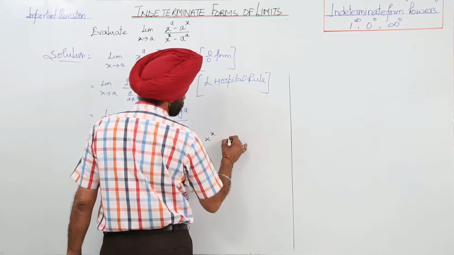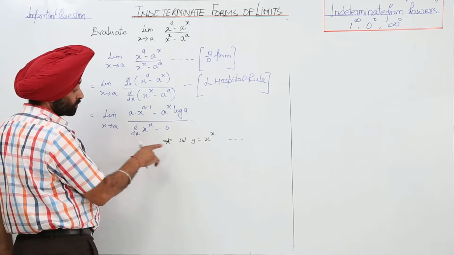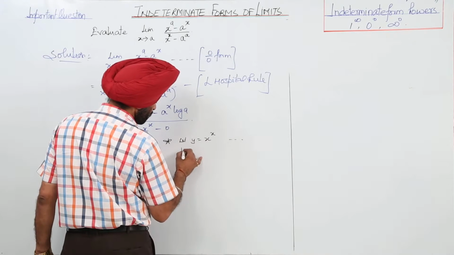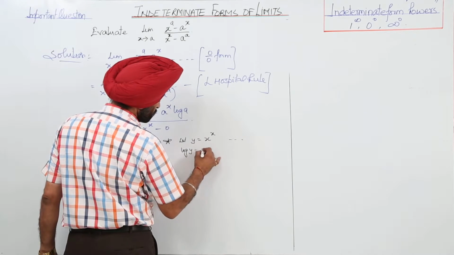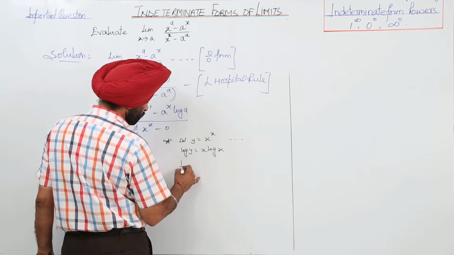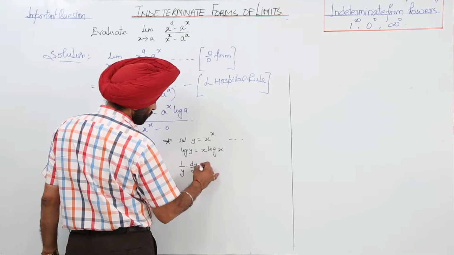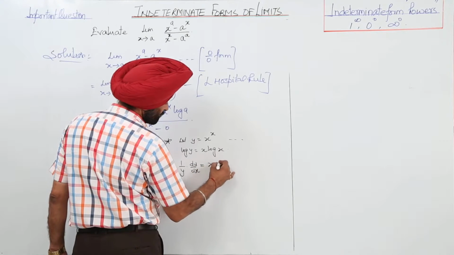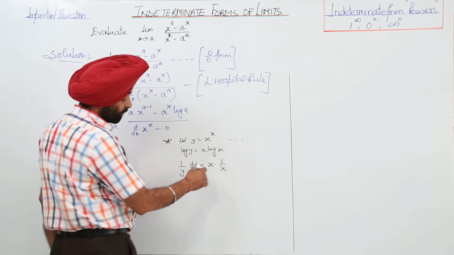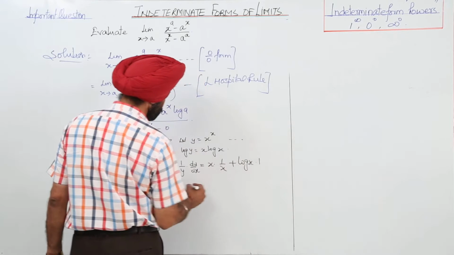So basically when it is x approaches a, now for this part we will be taking, log y is equal to x log x, then 1 upon y with dy by dx is equal to x as it is, first function as it is, derivative of log x, that is 1 upon x, plus log x as it is, derivative of this part.